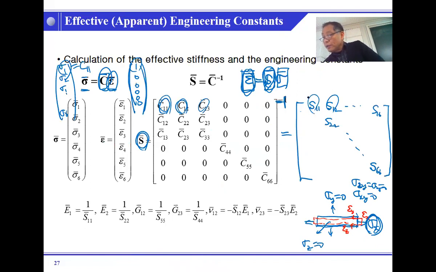So that's why we are measuring S11. For example, the term we measure, epsilon x when we apply sigma x, will be S11. Don't pay attention, sometimes I use x and sometimes I use 1. Sorry for that, but it's very trivial at this point.